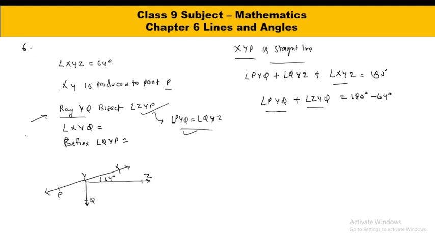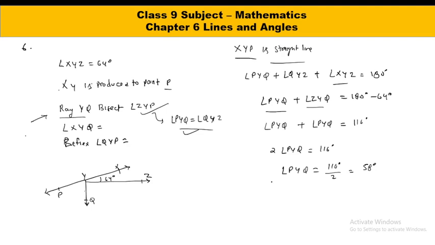So with reference to this, PYQ will be written as the same, ZYQ can be written as PYQ, and 180 minus 64 is 116 degrees. So 2 times PYQ will be equal to 116 degrees. Then PYQ will be equal to 116 upon 2, that is 58 degrees.